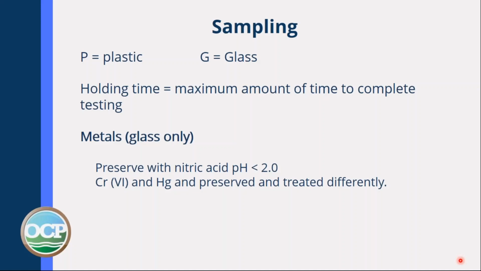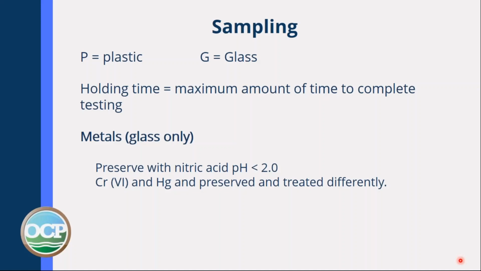There's something that we call holding time, and this is the maximum amount of time to complete the testing. This does not mean that you hold it for that time before you send it to test, but it is the maximum amount of time to complete the testing. And the EPA has a lot of documentation on this that you can look for and download to tell you exactly what you need to do.